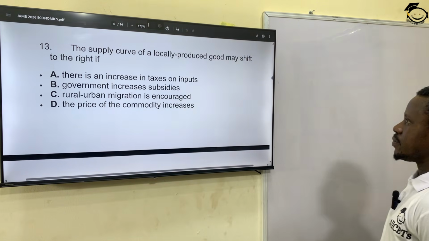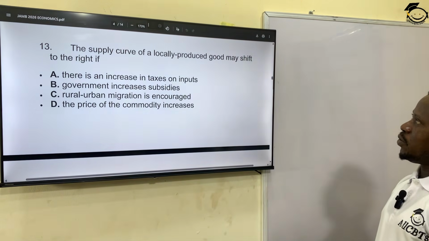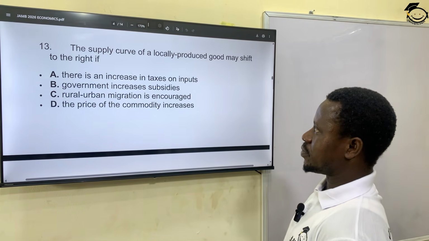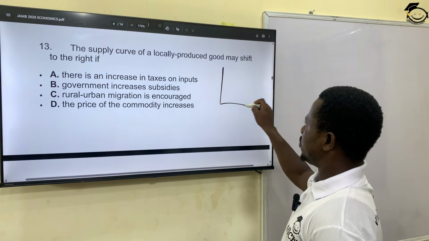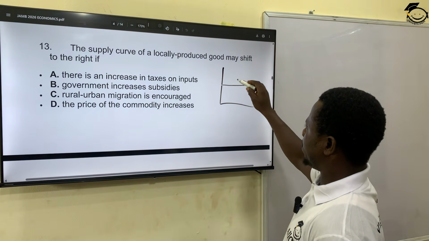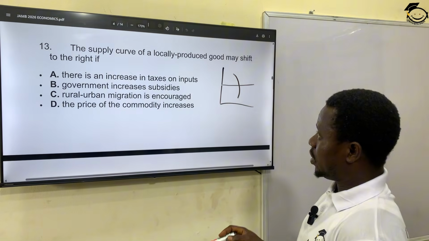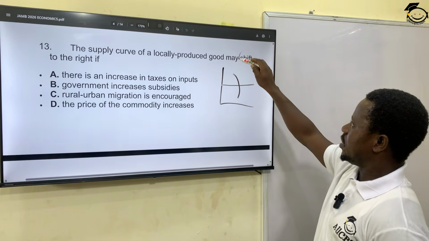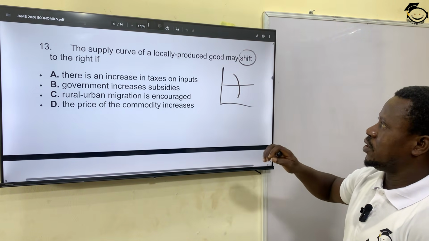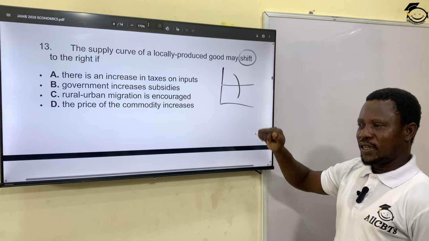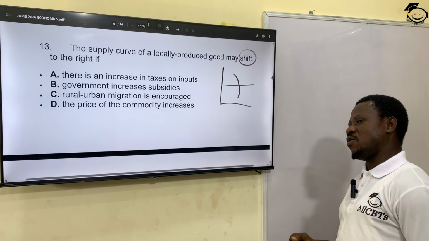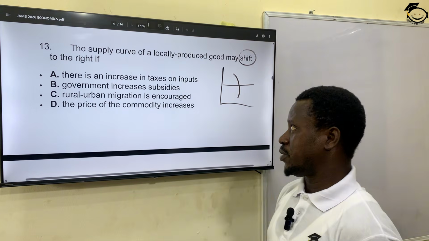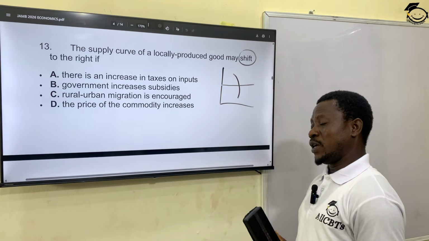All right? The supply curve of a locally produced good may shift to the right if... this is a supply curve. Assuming this is the price and supply curve is this. Let me remind you, in one of our earlier videos we explained in detail the differences between shift in supply, shift in demand, and movement along the supply curve or the demand curve. Remember, I made two major points.